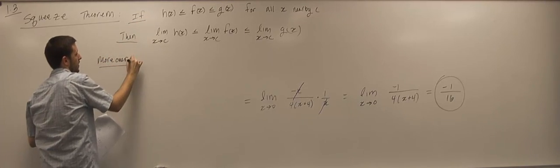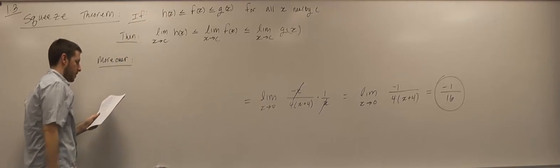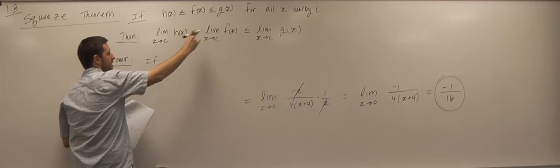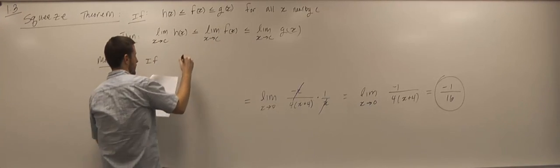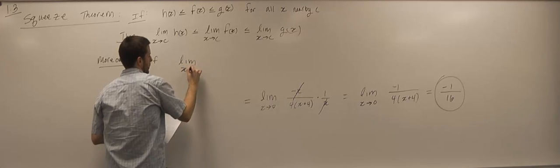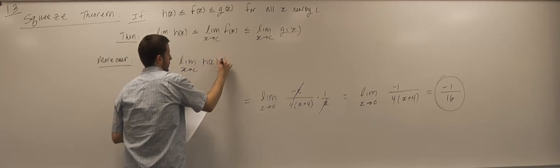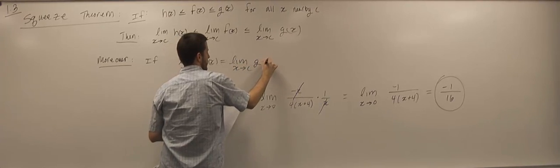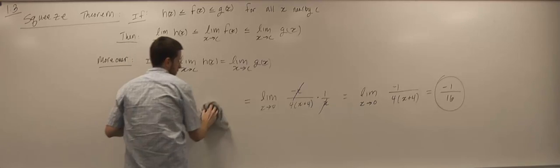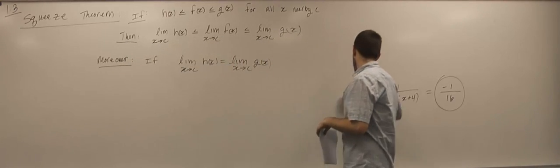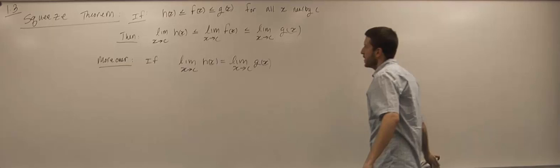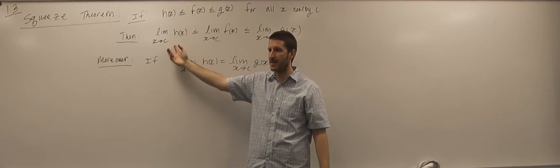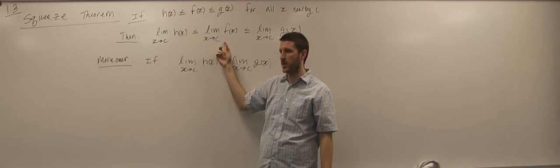So additionally, if the limit of h and the limit of q are the same, what do you think happens? We squeeze the limit of f in there. Right, so if the limit that's supposed to be bigger than f and the limit that's supposed to be less than f are the same, then f must be the same as them as well.